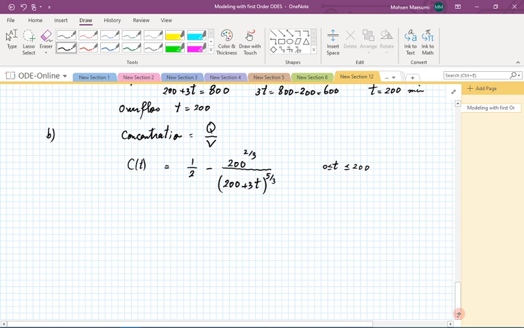If they want the concentration at 200, just when it overflows, well, it's going to be 1/2 minus 200 to the power of 2/3, and this is going to be at overflow, this is the volume, 800 to the power of 5/3. Now that answer by itself is acceptable, but if you want to clean it up some, you can do a little bit of simplification.